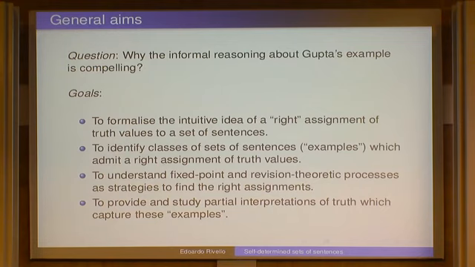And finally, to provide a standard partial interpretation for the truth predicate, which can capture the examples so defined. The purpose of this talk in particular is to illustrate something that we can do in this direction, just by using Gupta's example as a case study.